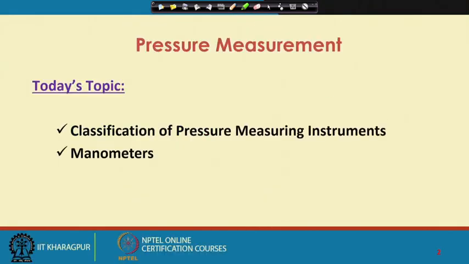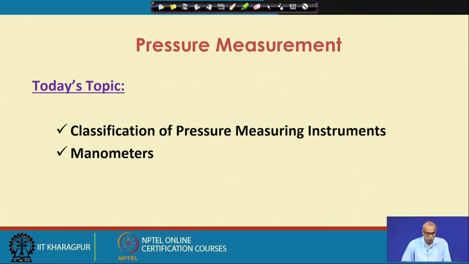So, today we start our discussion on pressure measuring instruments. In today's lecture, we will concentrate on classification of various pressure measuring instruments, and we will also talk about manometers, which are very common pressure measuring instruments, very commonly used in laboratories.